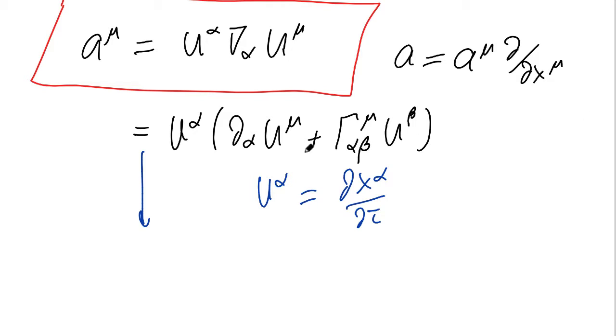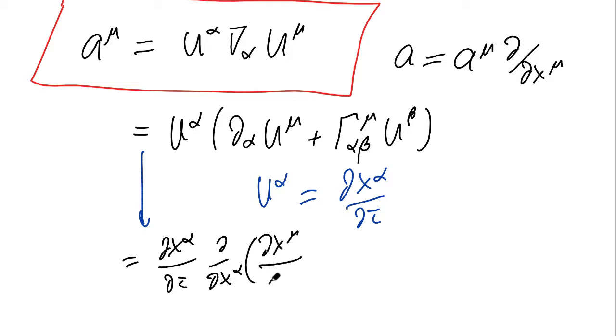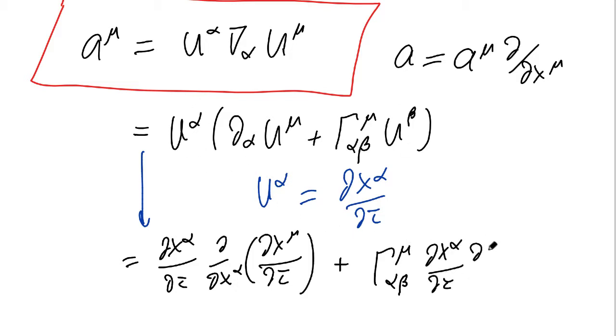So we can write this as, first looking at this first term, ∂x^α/∂τ times ∂_α, that's actually partial with respect to x^α of u^μ, which is ∂x^μ/∂τ. So that's the first term, and the second term here is, let's write the Christoffel symbols first, Γ^μ_αβ times u^α u^β. So that's ∂x^α/∂τ, ∂x^β/∂τ.